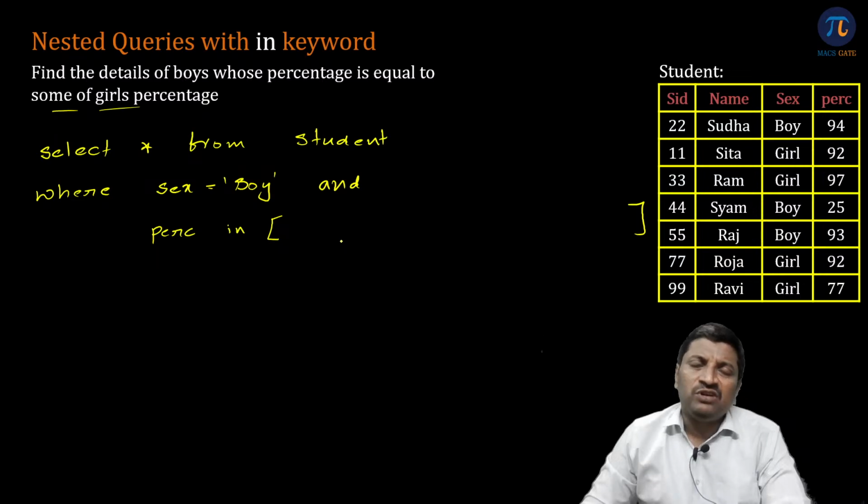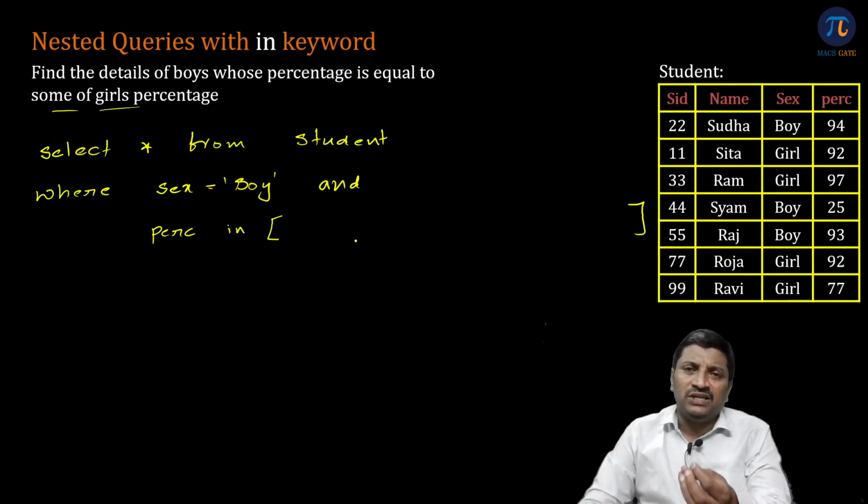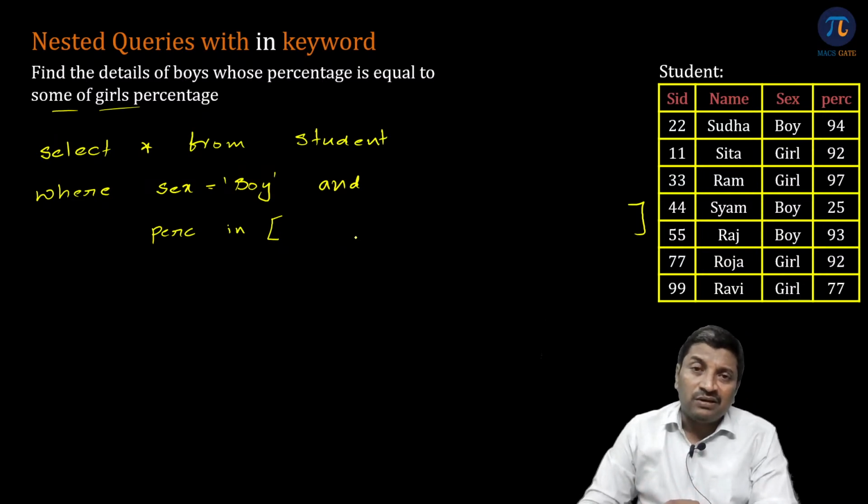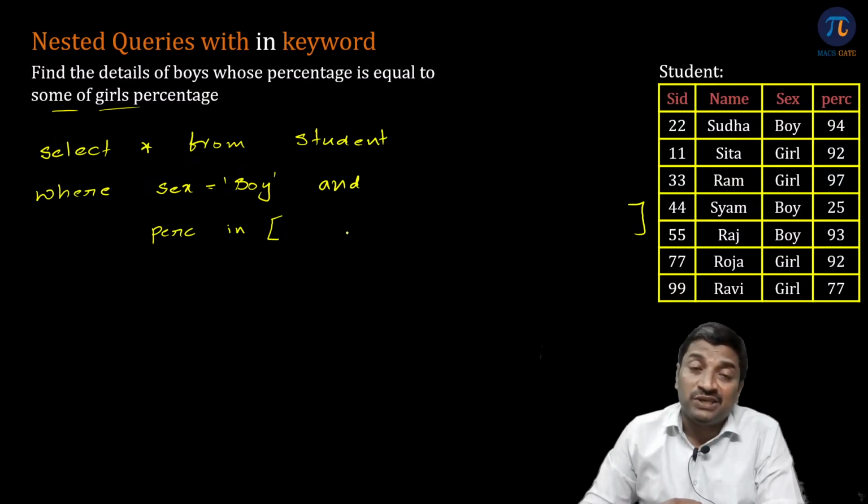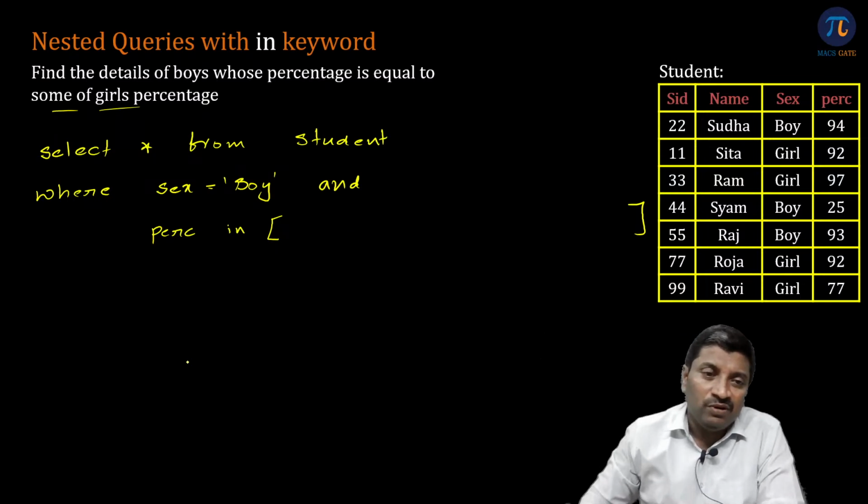If I knew them before, I could simply list out the numbers. But whenever we don't know the percentages of the girls beforehand, what do we do, sir? We write another SQL query to get those percentages.